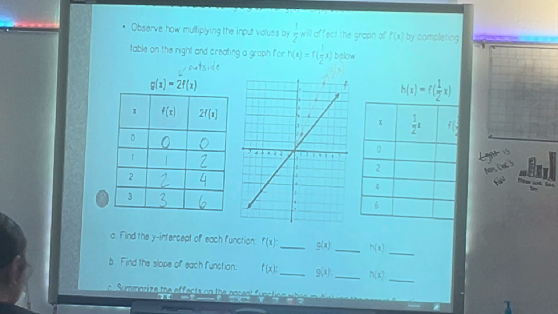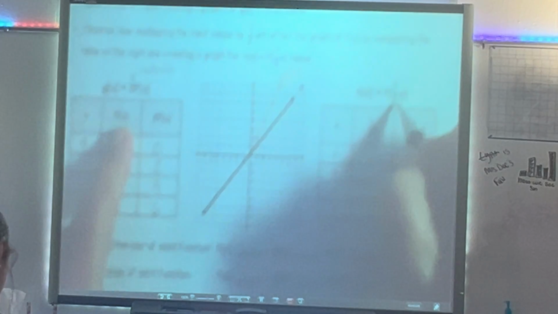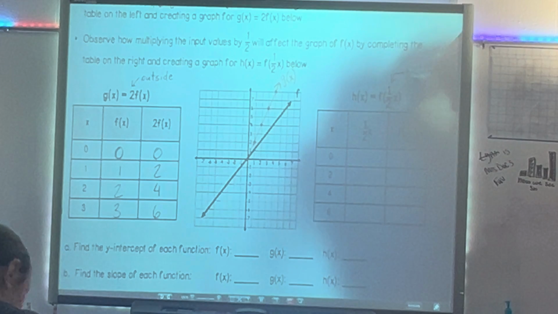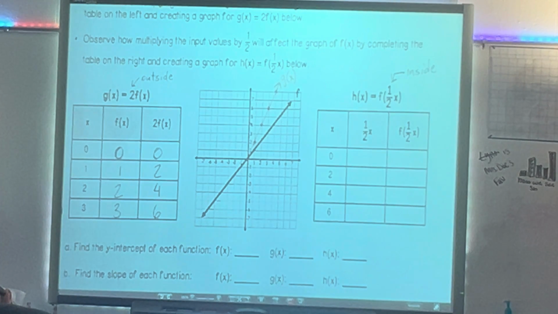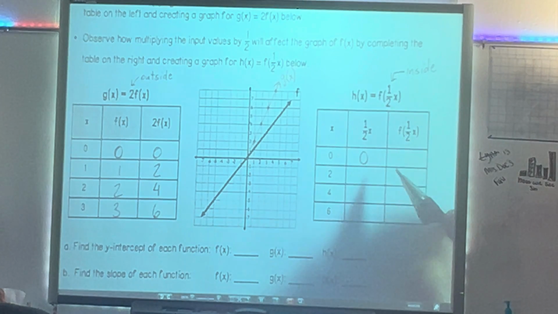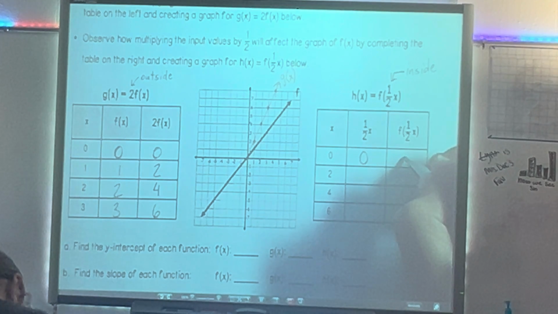So then, we're going to look at what happens if I have, now this time they have a half and it's on the inside. So make note that it is on the inside. Okay, so if my x value is 0, when I do 1/2 times x, I'm still going to get what? 0.